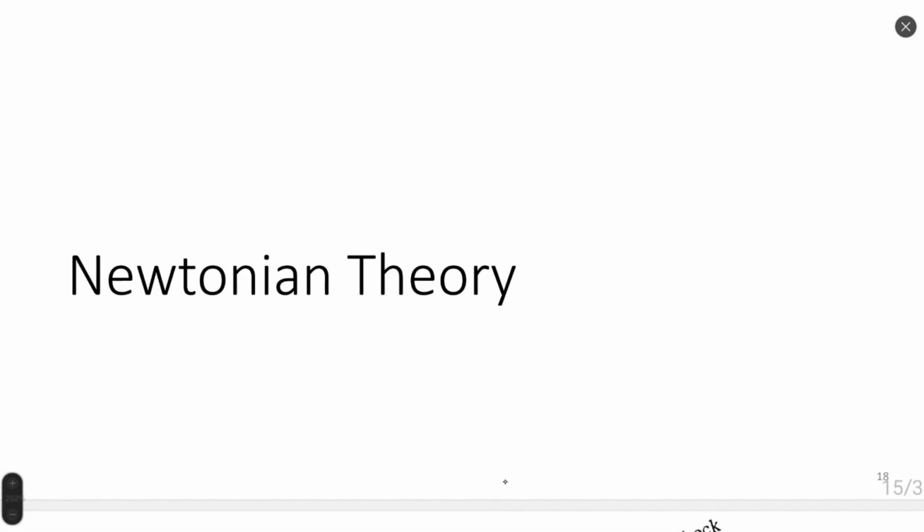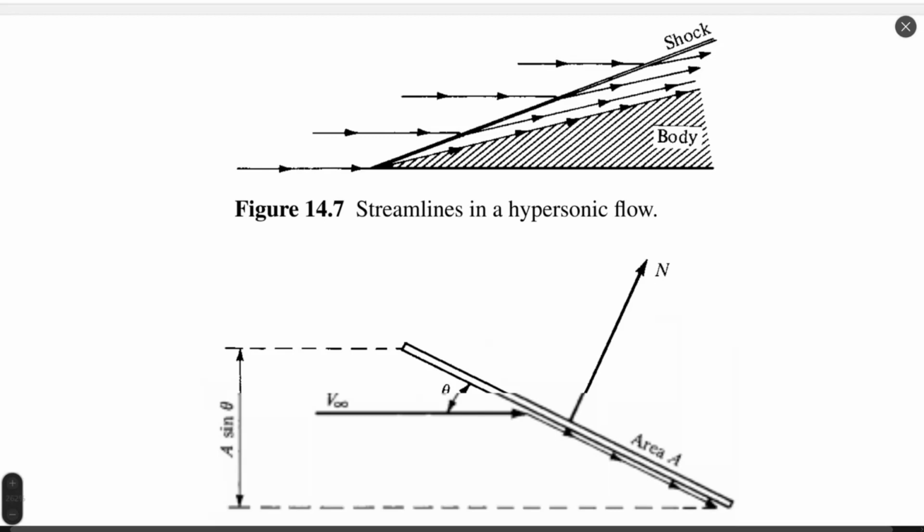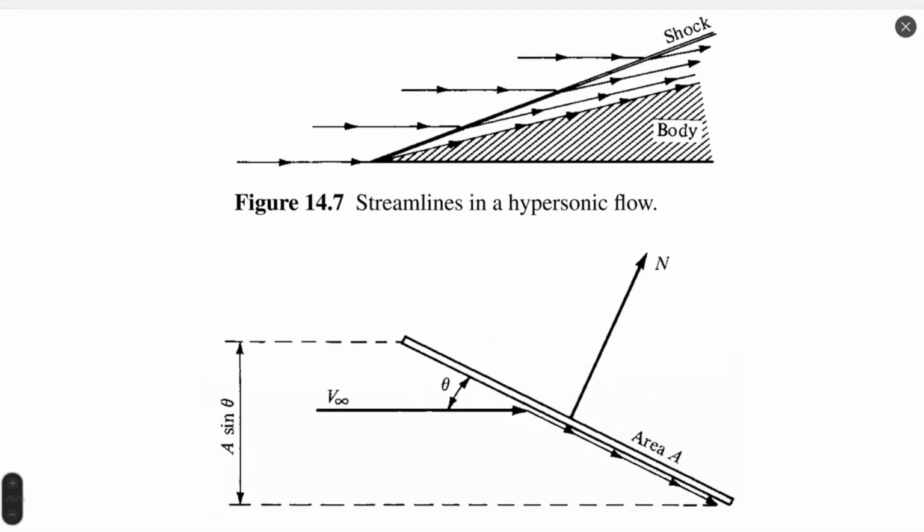The second part of our discussion today is Newtonian theory. Newtonian theory is a quantitative approach to calculate hypersonic flow. Probably you remember the approach of Newton, which we studied at the beginning of aerodynamics.